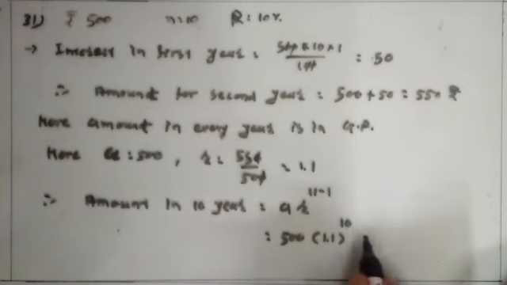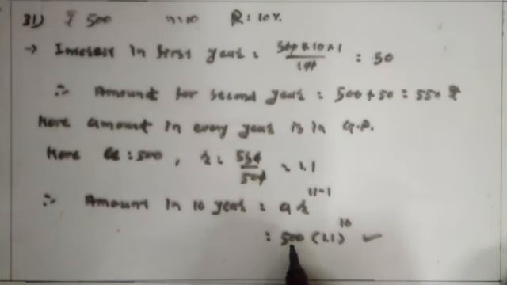Clear? Using a calculator we find this number, or write the same. This is the answer. This becomes the amount at the end of the 10th year or the starting of the 11th year. Clear?